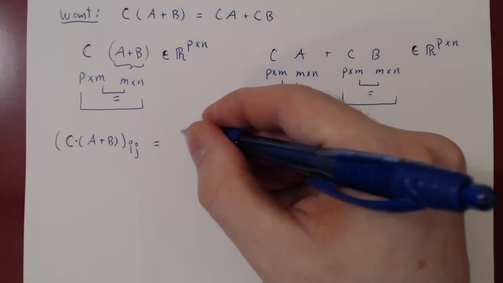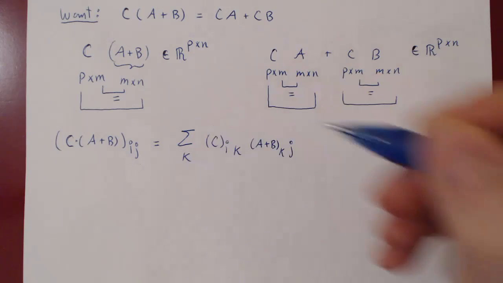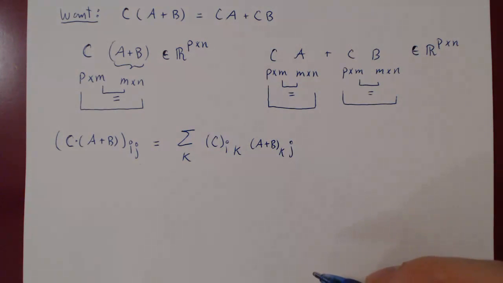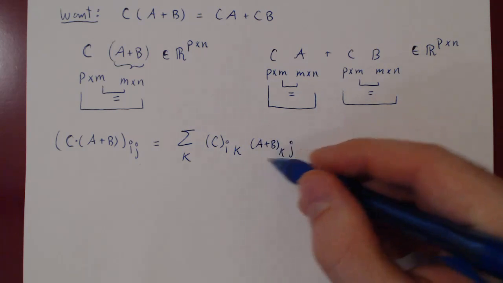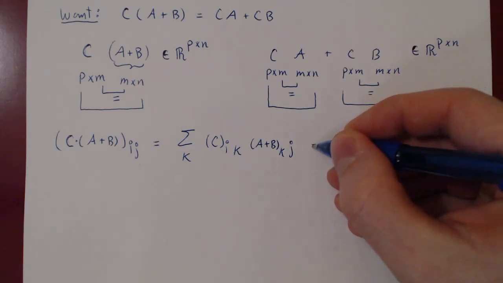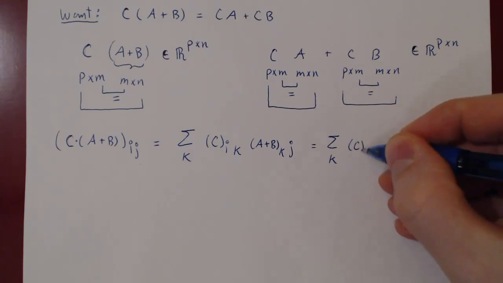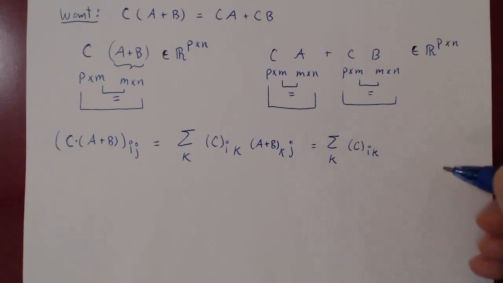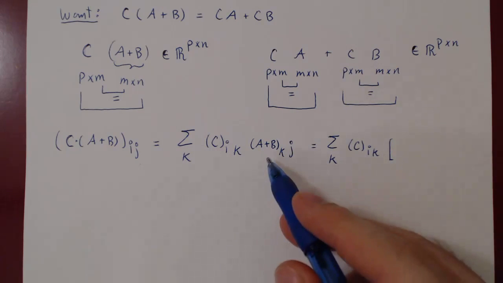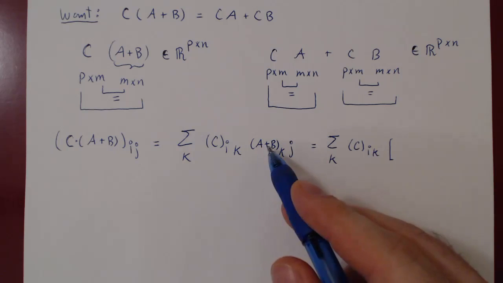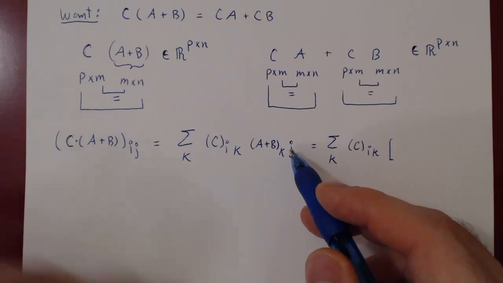And we proceed to add them up. All right, let's look at this term now. We have the summation over k, the entry in matrix C in the ith row kth column, times, if you look here, we take the entry in matrix A plus B in the kth row jth column.